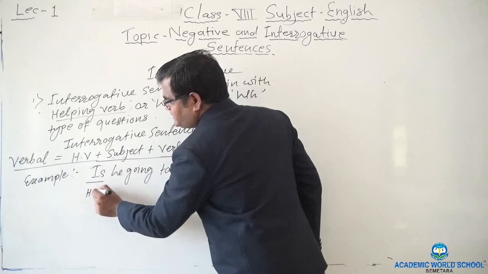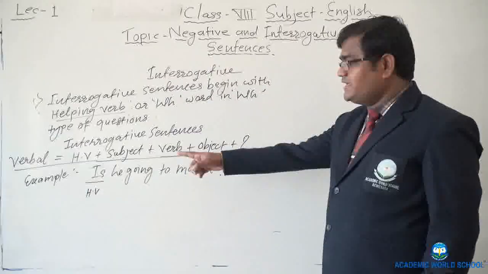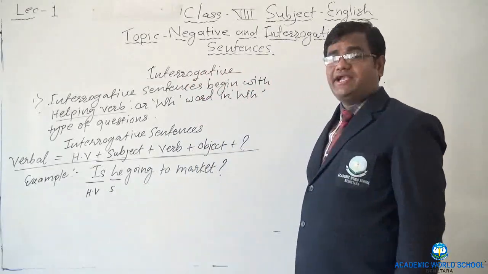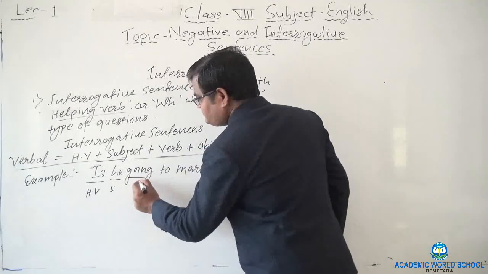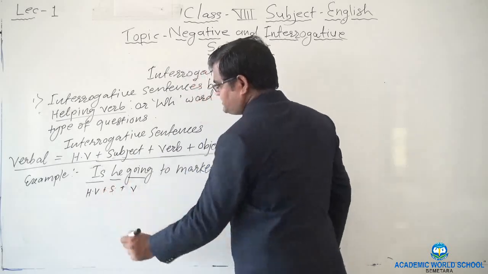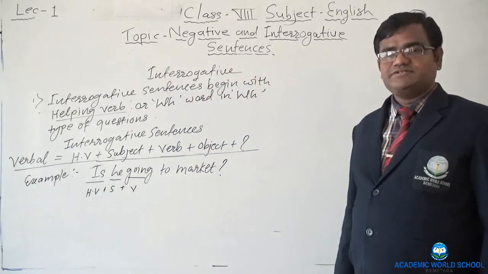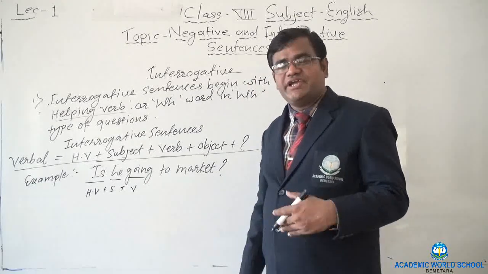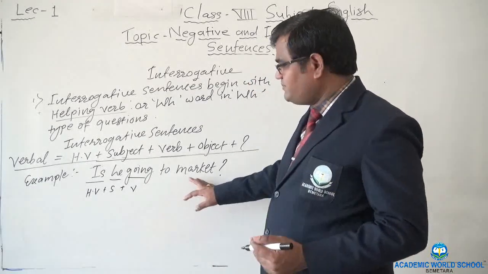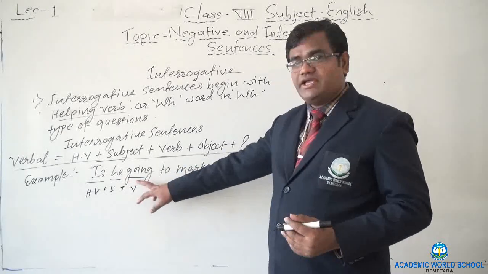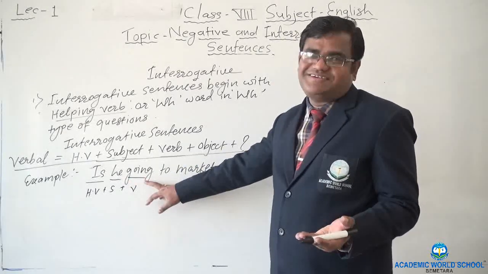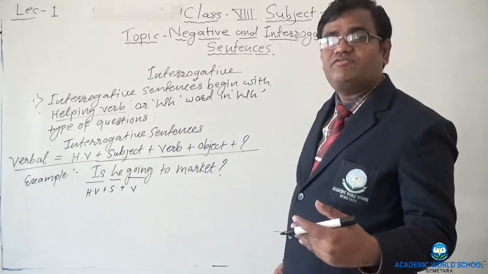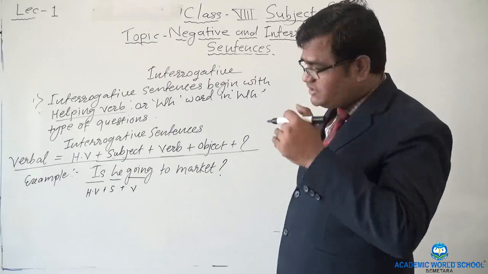Is is the helping verb, then he is the subject of the sentence, and going is the verb. There is no object in this sentence. Generally, when we ask the question with what to the verb, then we get the object. He is going what? No answer, so there is no object. While making the passive voice, do not try to convert such kinds of sentences.